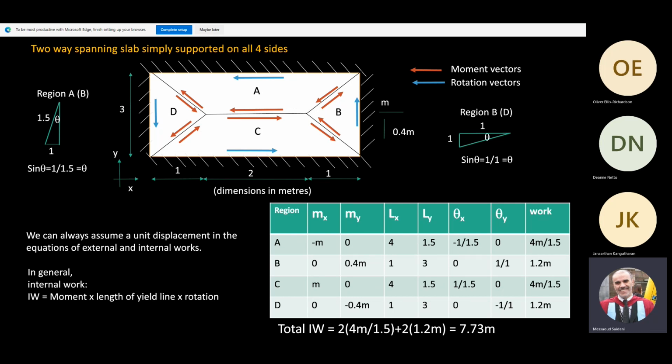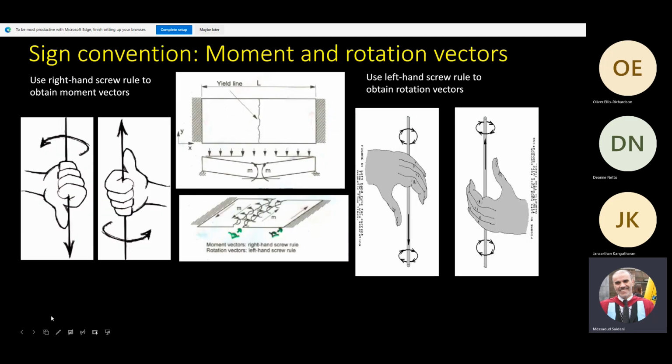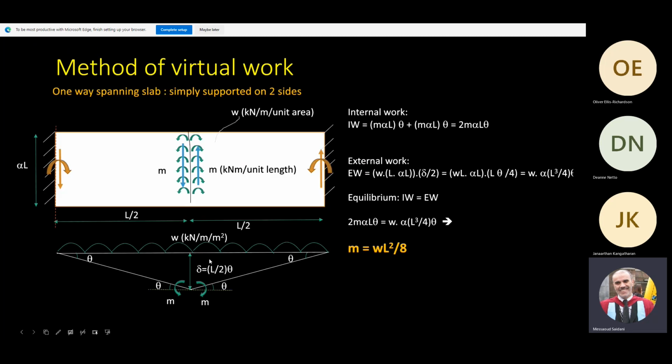What we did earlier, we had the delta here, isn't it? That delta does not appear anywhere in the equation. Why? Because it cancels. When you substitute it as a function of theta, with the theta on the other side, they will just cancel.